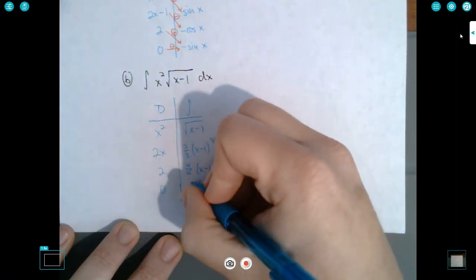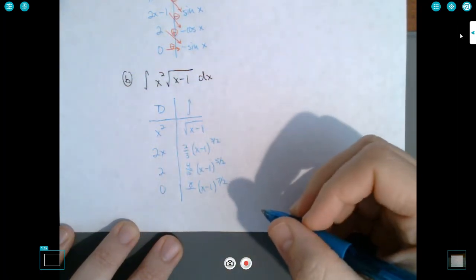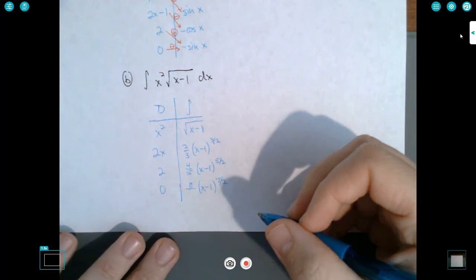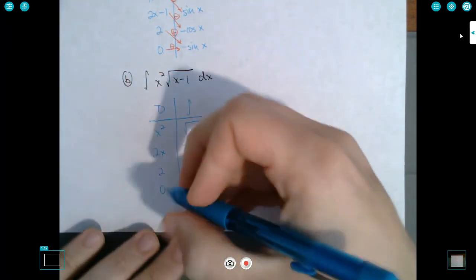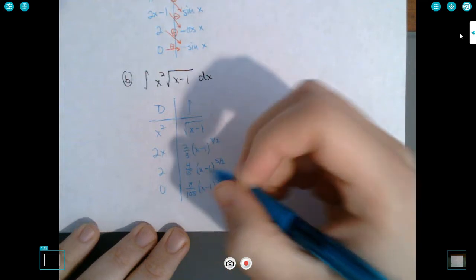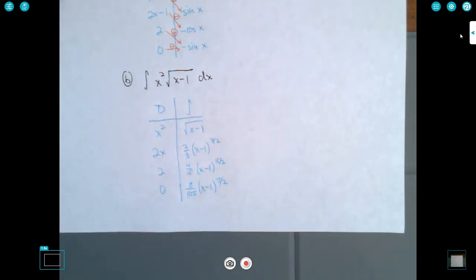Well, 2 times 4 is 8, and 15 times 7, oh man, 15 times 4 is 60, and then plus 45, so I think 105. Holy schmoly, is that right? Where's my calculator?